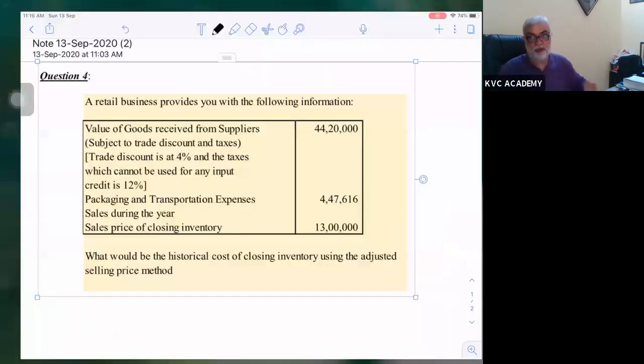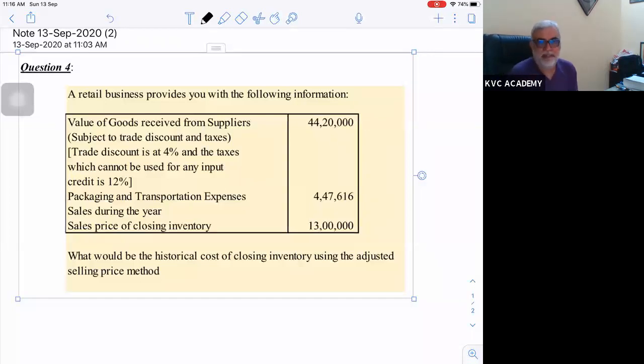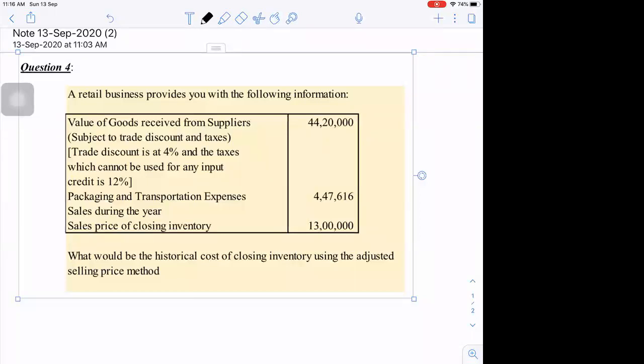Question number 4. Now, when you value inventory, if you look at that second point there, the trade discount is 4% and the taxes which cannot be used for any input credit is 12%. Somehow that sales is not given.